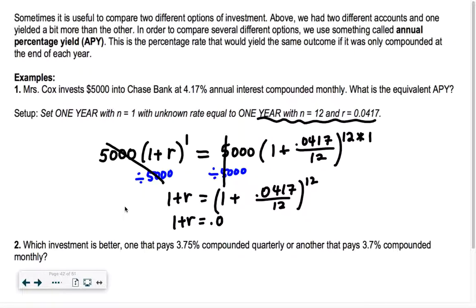That doesn't make any sense. 1 plus 0.0417 divided by 12 raised to 12. So I got 1 point... I knew I messed up because I was getting a negative. I was like, what did I do wrong? Okay, so I have that, and then I subtract my 1 over. So my rate then is 0.0425, which is 4.25%.